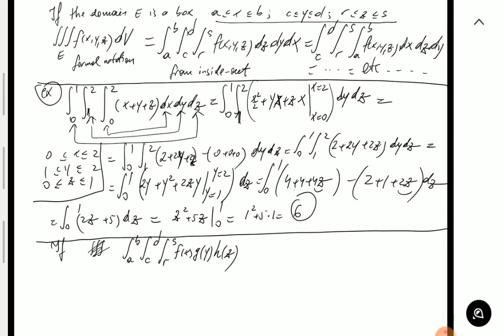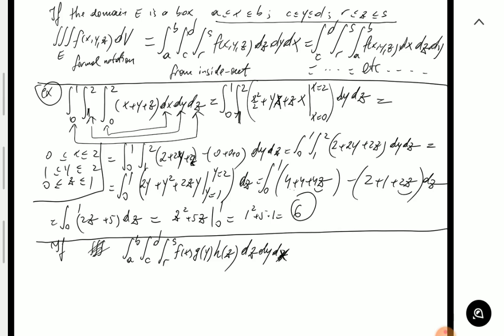So if you can actually factor the function to integrate like this, which by the way in the previous example it's not possible, right? x plus y plus z, you cannot factor it into a product like this. To use the notation on the top of the page, this will be dz dy dx, right?